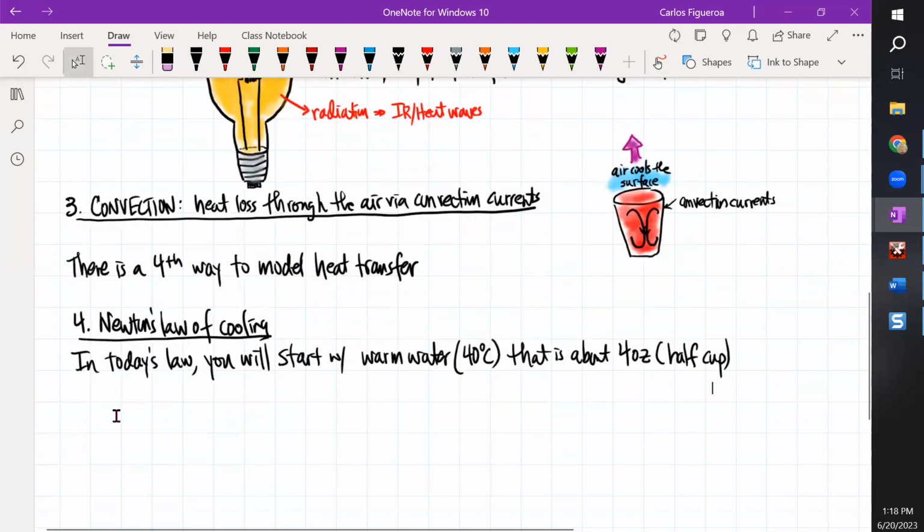So what Newton's law, very similar to conduction, tells us is this.